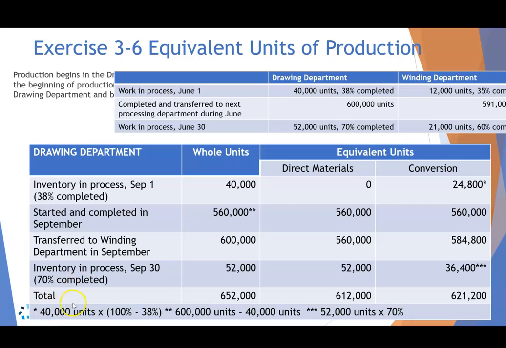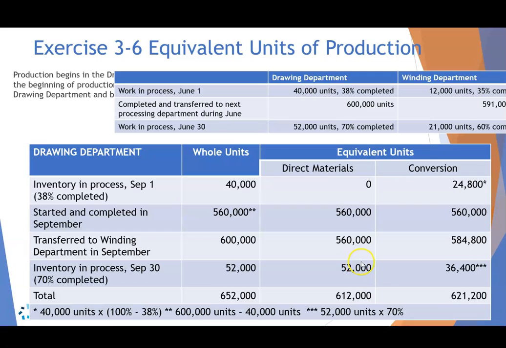So the 40,000 units times the 62%, or 100% minus the 38%, gives 24,800 equivalent units in terms of conversion. The amount started and completed is 560,000 for both materials and conversion. So the entire 600,000 was transferred to the next department.